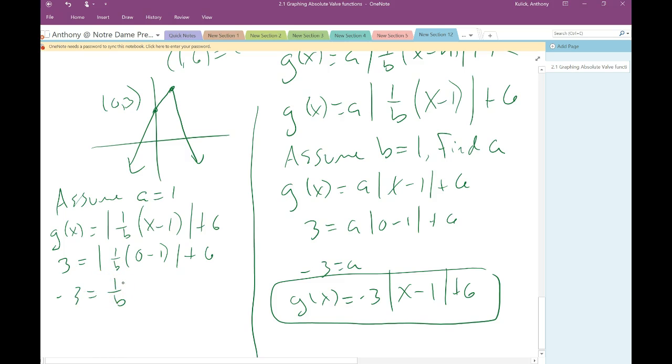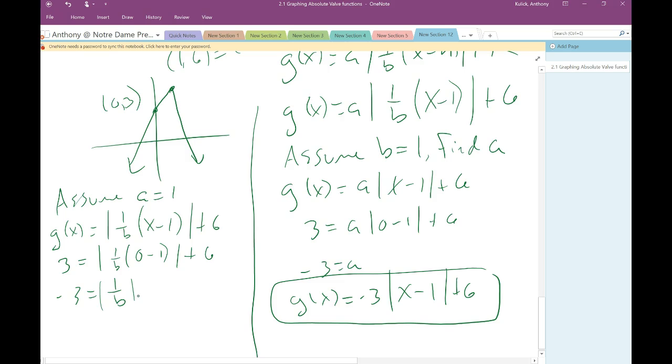When I do that, it simplifies down all the way to negative 3 equals, well, it's really the absolute value of 1 over b.